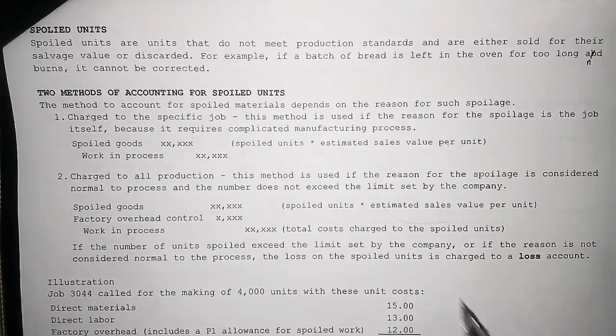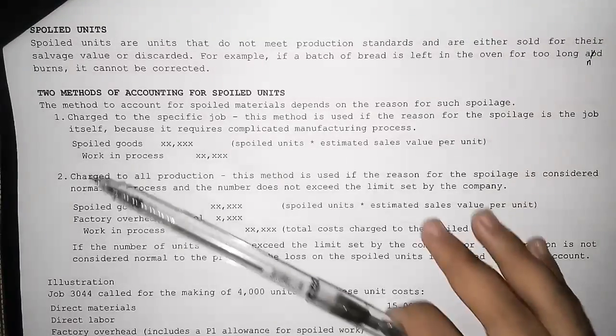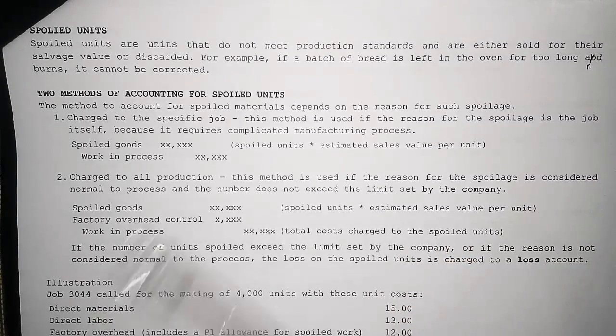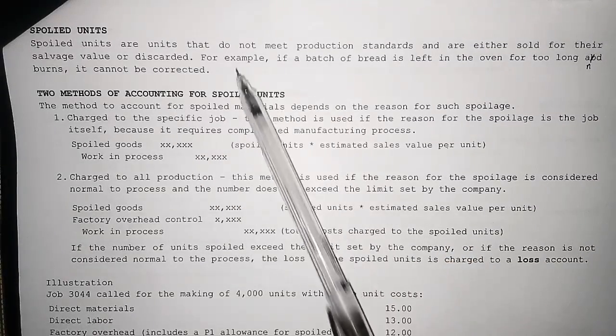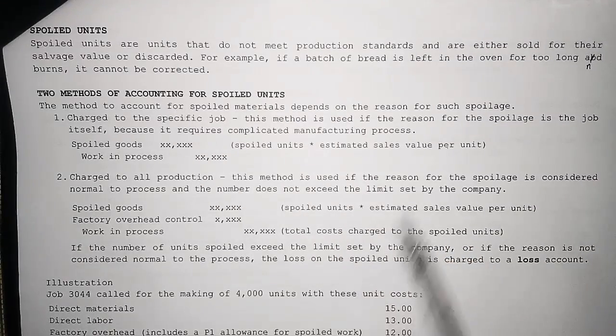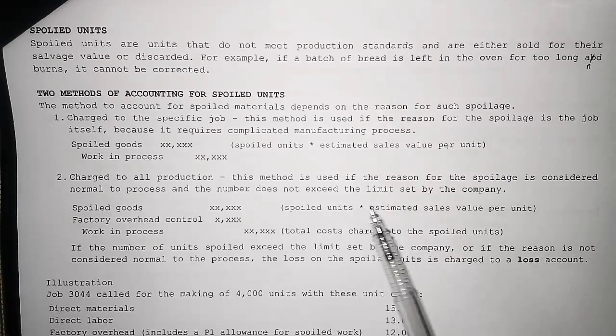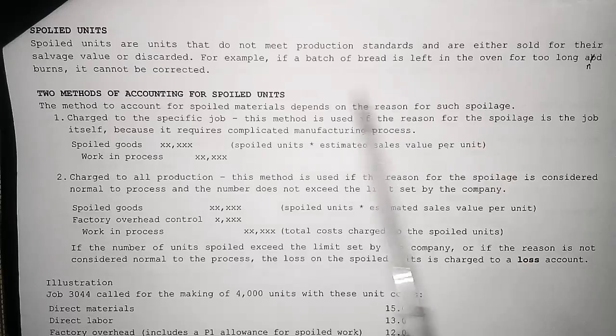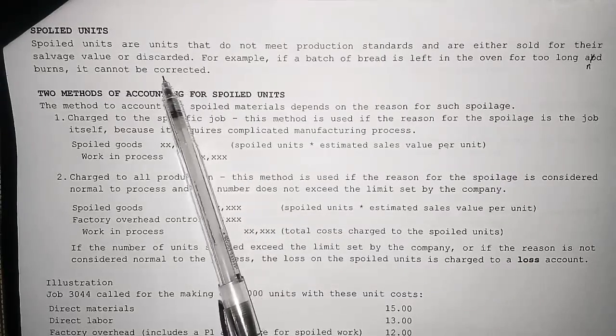So sa production, laging nagkakaroon ng tinatawag na spoiled units. So ito yung spoiled units, ito yung mga units na hindi na-meet yung production standards, kumbaga nasisira siya. And kapag nasira siya, hindi mo na siya pwedeng i-correct.